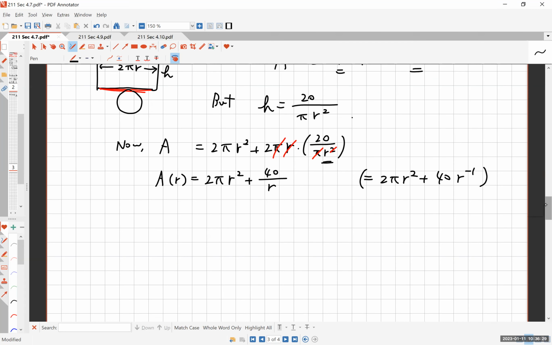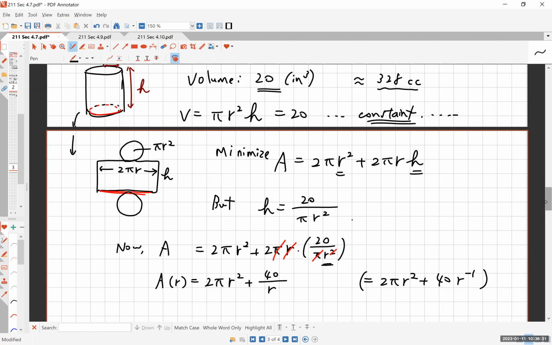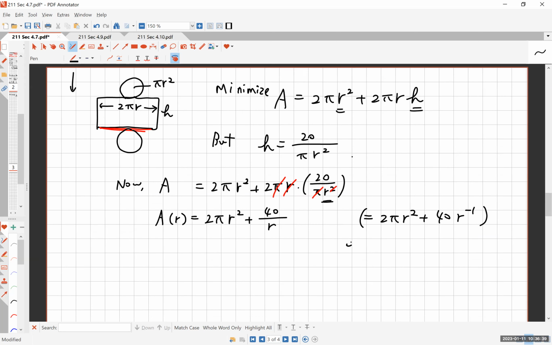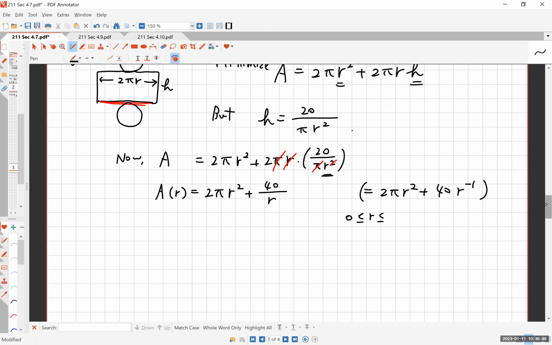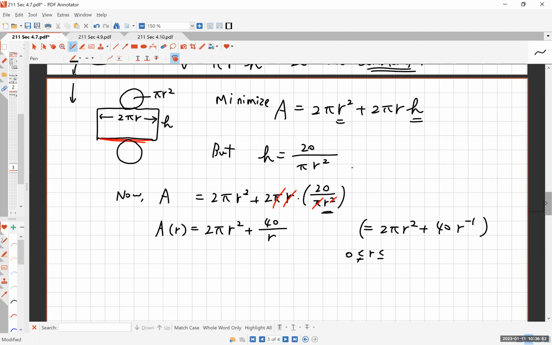Now, by the way, we should go back and make sure we understand what r can be. What can r be? Now, r is the radius, so it can't possibly be 0. It can't be negative. You cannot let r be 0, because what happens if r is 0?